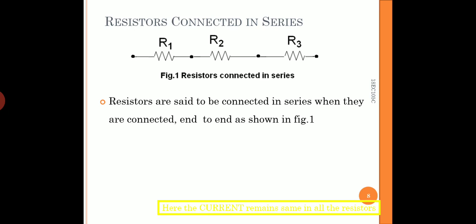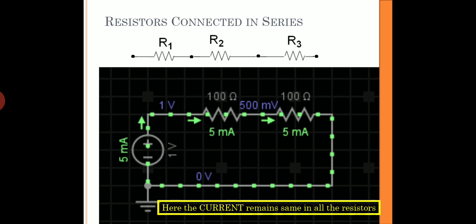Now the total equivalent resistance of the combination is expressed by the following equation, that is R equivalent equal to R1 plus R2 plus R3. So this is what happens to resistors when they are connected in series in a circuit.